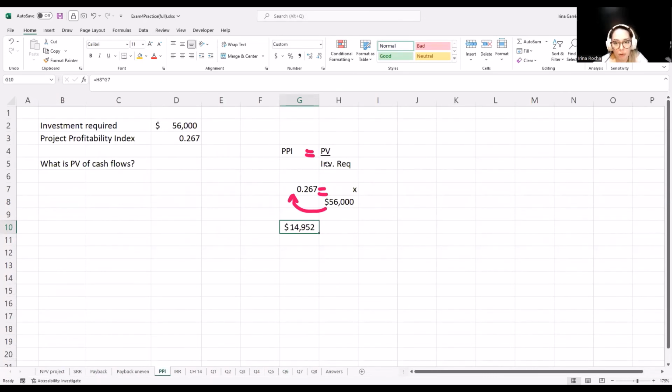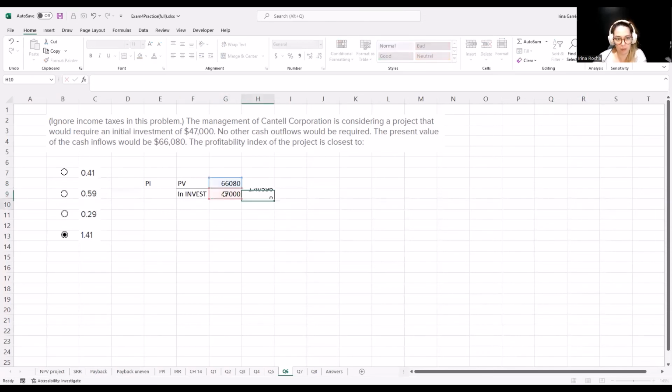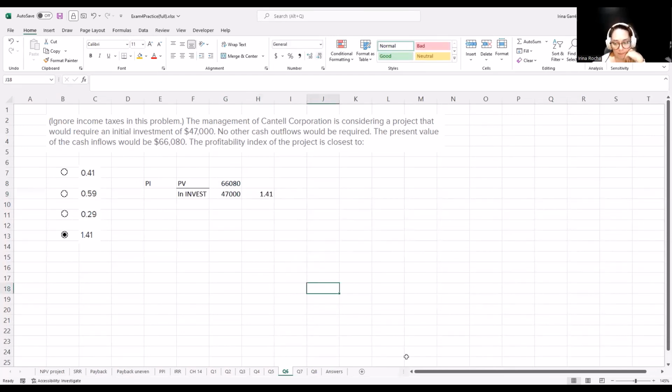Present value over the initial investment. So my present value of the cash inflows would be 66,080, and my initial investment is 47. Just have to divide both, and that's it. 1.41.